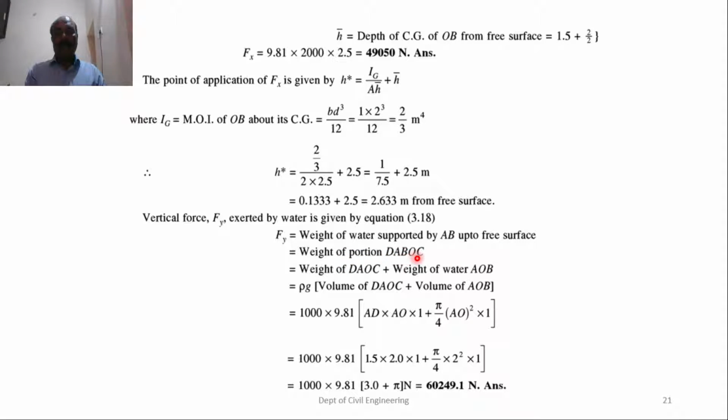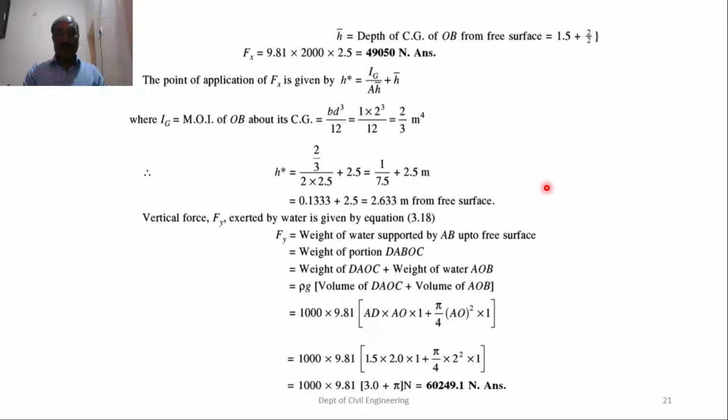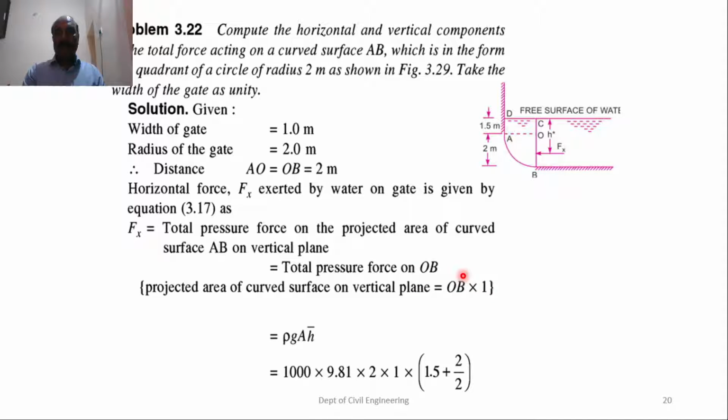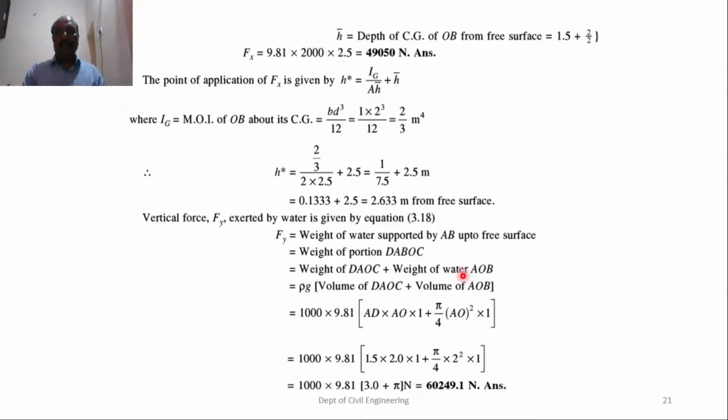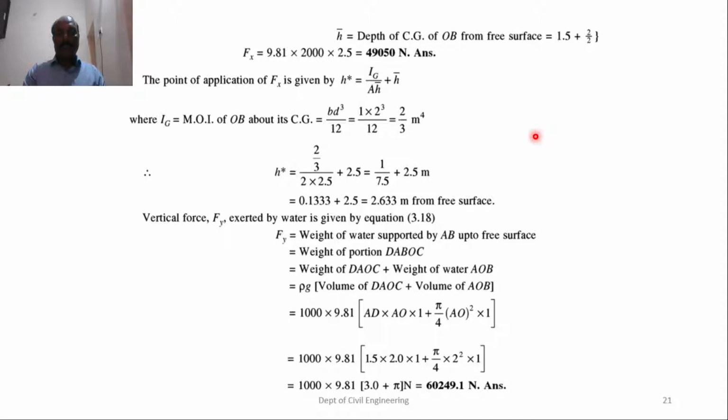This is the weight of the portion DAOC plus the weight of the portion AOB. So it is rho g into the volume of DAOC plus the volume of AOB, that is AD into YO into 1 plus pi by 4 into D square into 1.